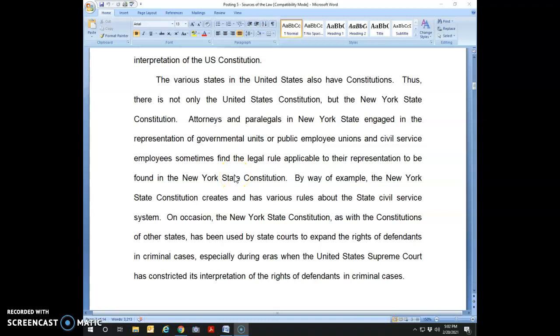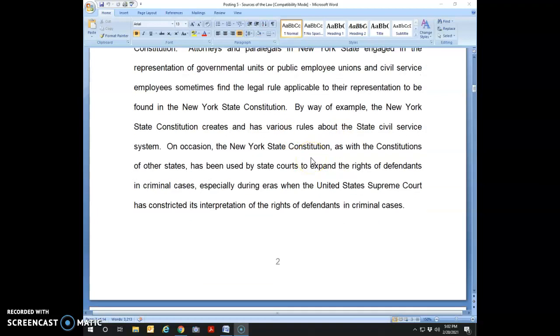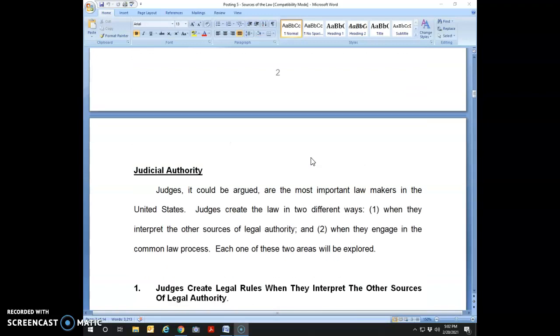And sometimes we bump into a legal rule that can be traced back to the New York State Constitution. For example, the state constitution has various rules about the state civil service system, and sometimes those are the rules that animate, or if you will, inform the legal issues we're dealing with.